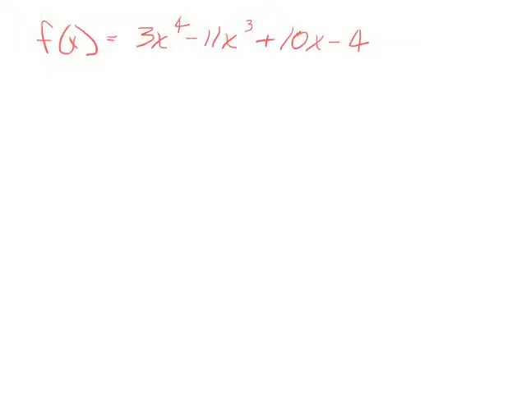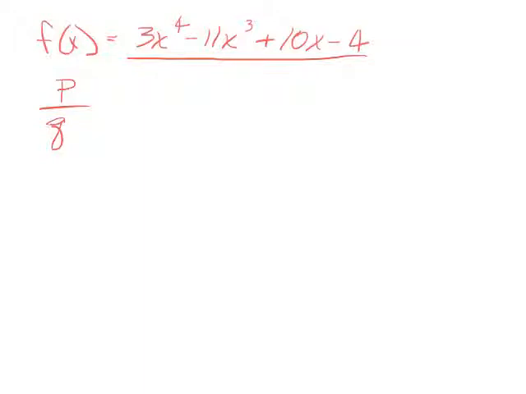So what we're going to do is use a rational number, and we're going to call it P over Q. And the way this rule goes is, if this rational number, P over Q, a number over another number, is a factor of our polynomial function, then we've got one of our factors.